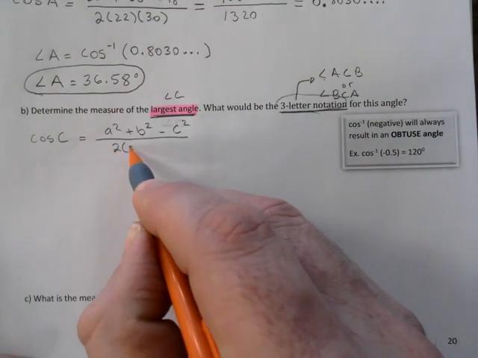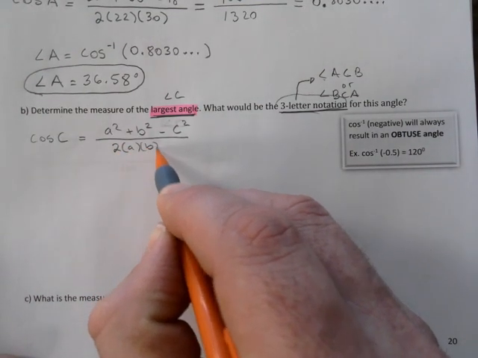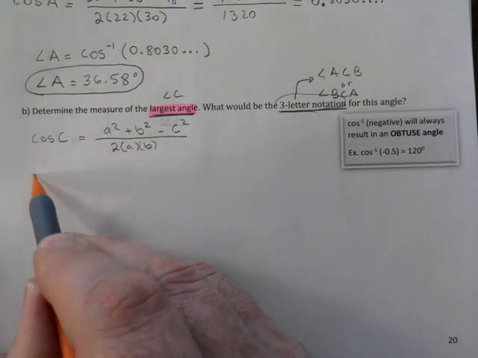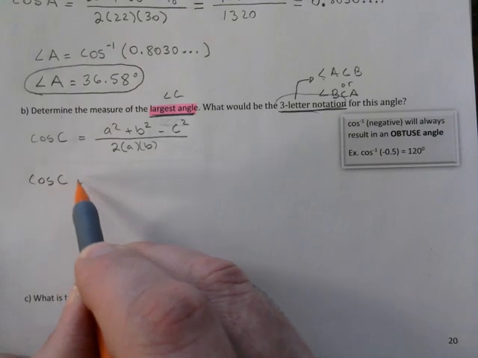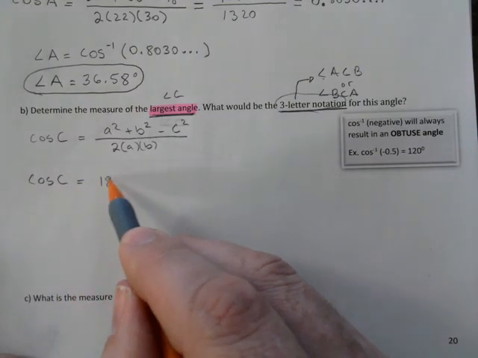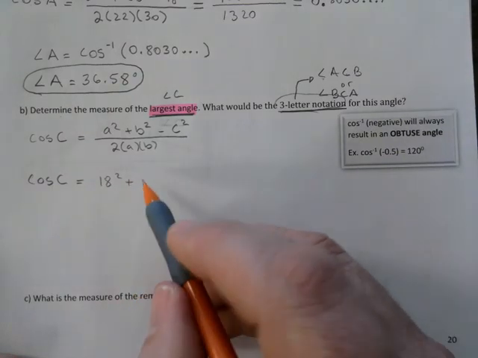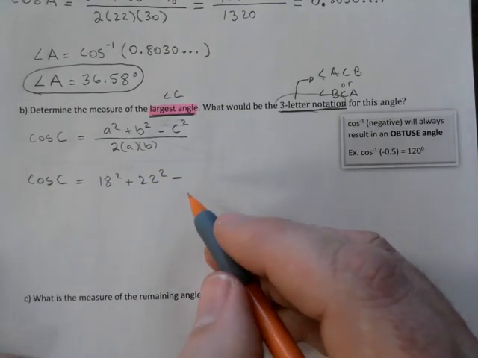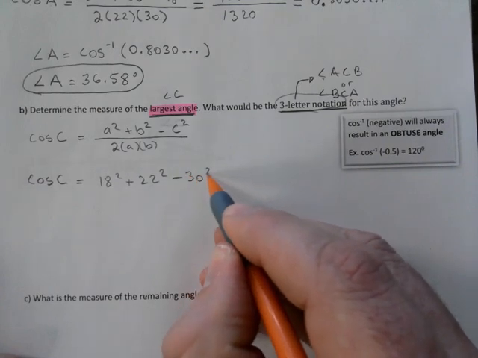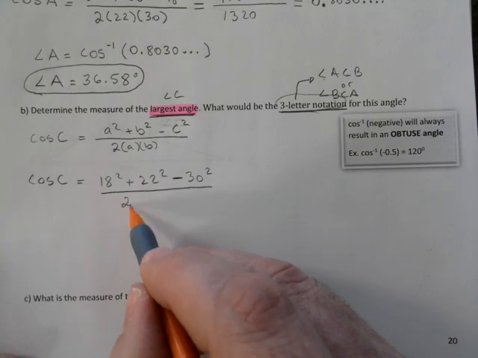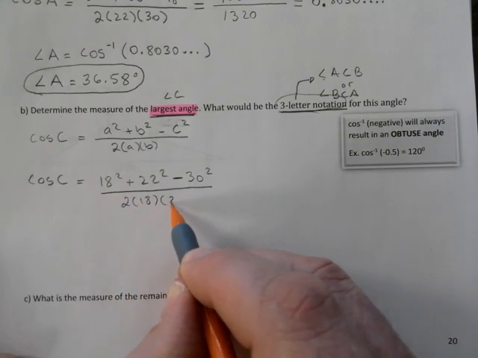The denominator, I have 2 times A times B, just like that. So cosine of C, I'm looking up A squared plus B squared minus 30 squared over 2 times 18 times 22.